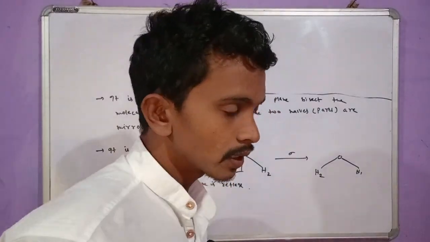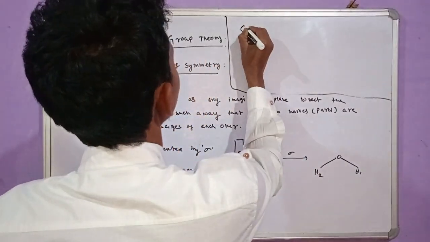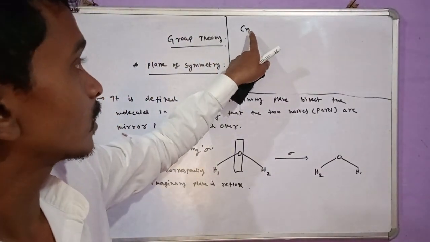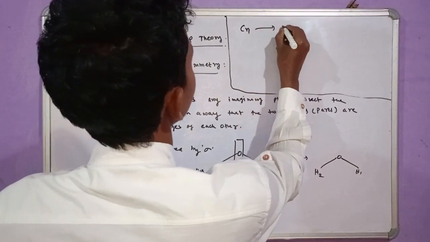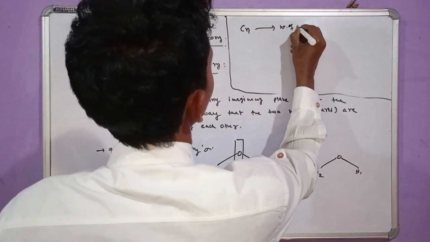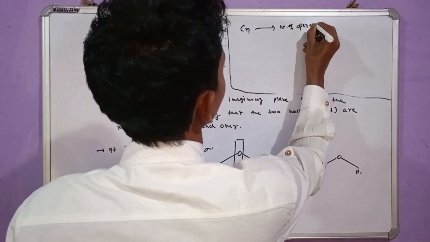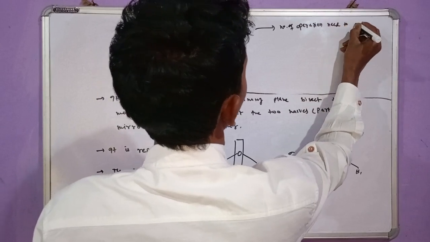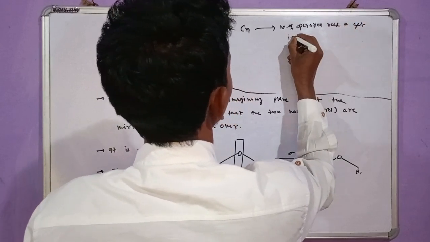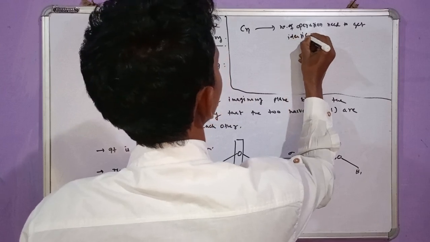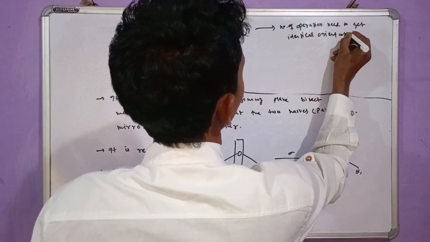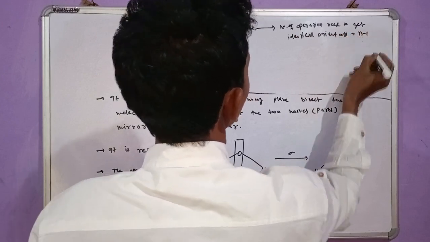We have also discussed that if Cn, whatever is the n, the number of operations needed to get identical orientation is n minus 1.